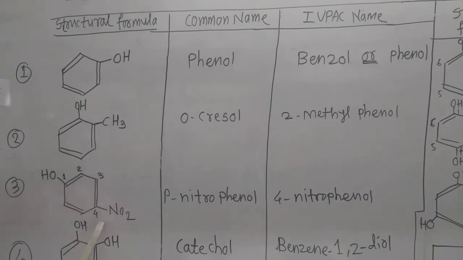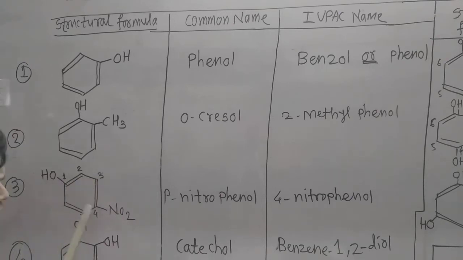Now here the nitro group is present as the substituent. So we give the numbers starting from the carbon atom at which the OH group is attached. This is the first carbon: 1, 2, 3, 4, 5, 6.